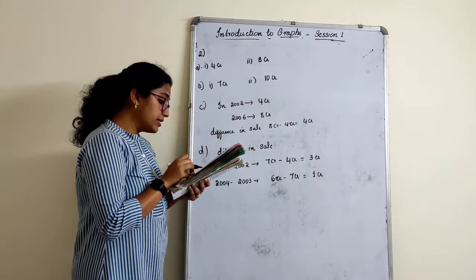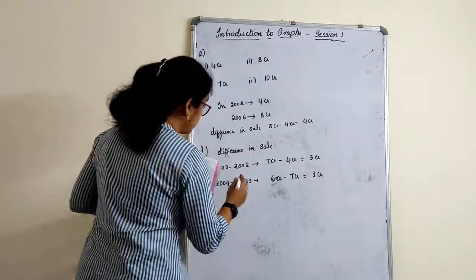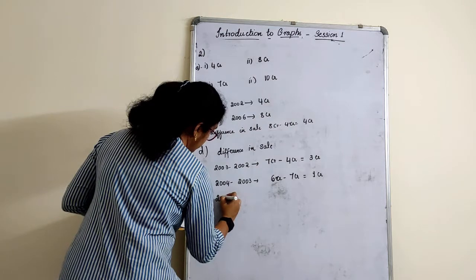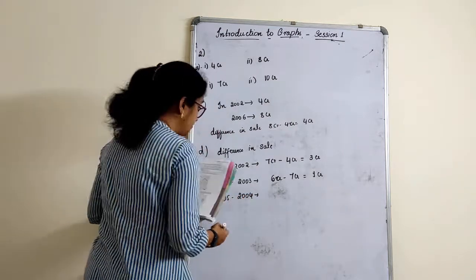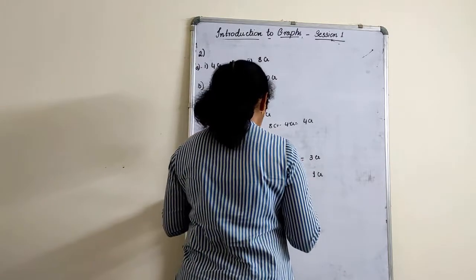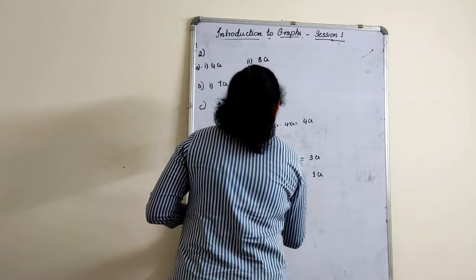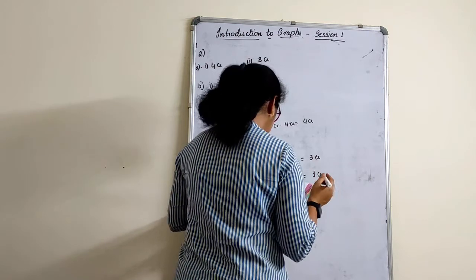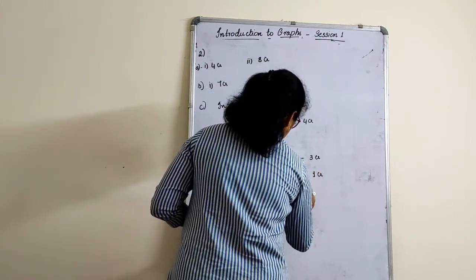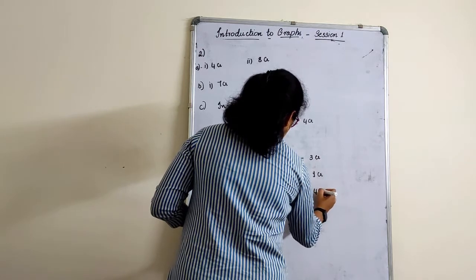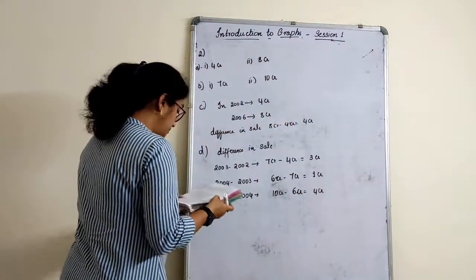So check with the previous year now, 2005 and 2004. So 2005 it was 10 crore minus 2004 was 6 crore. Difference is 4 crores.